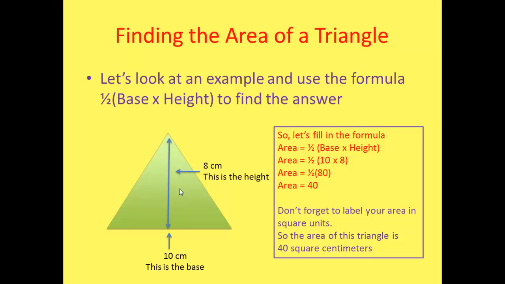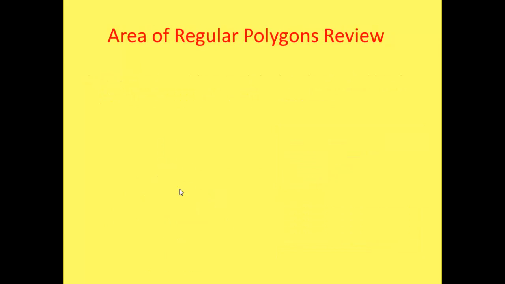We know that the base is 10 and the height is 8. So we get 1/2 of 10 times 8, which then equals 1/2 of 80, which gives us then an area of 40. But don't forget to label your area in square units. So the area of this triangle is 40 square centimeters.